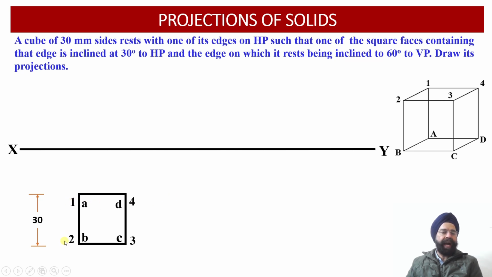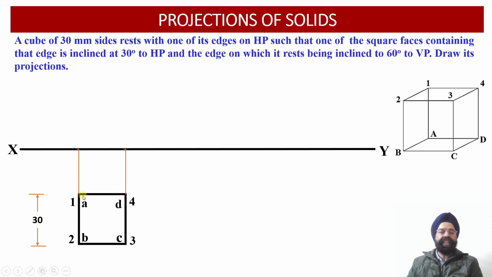So they will be marked on the outer side, while the points A, B, C and D are the points which are lying onto the base of this cube. So they will be marked on the inner side of the top view projections, which appear as a square below the XY reference line. So now we have drawn the top view projections of this cube.